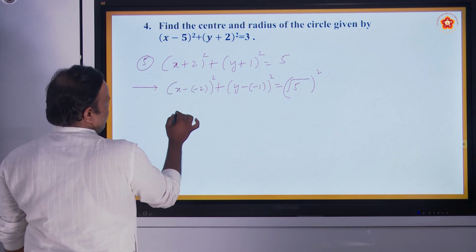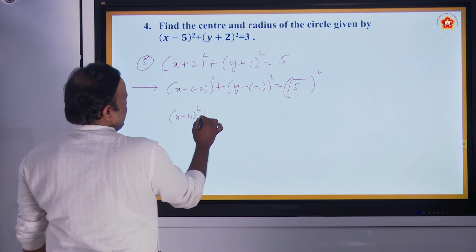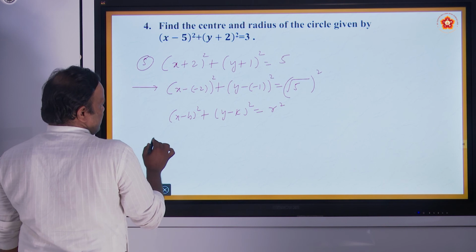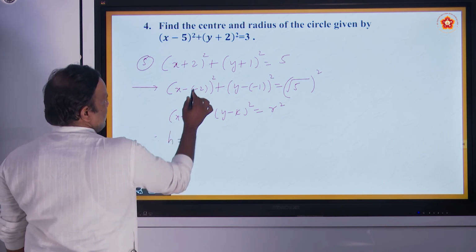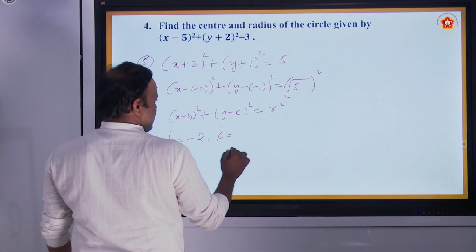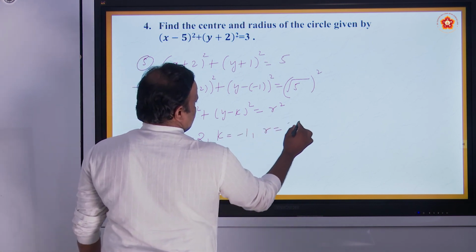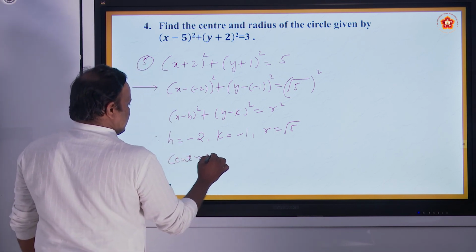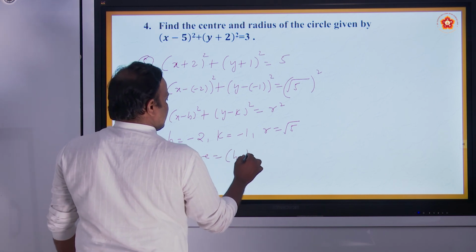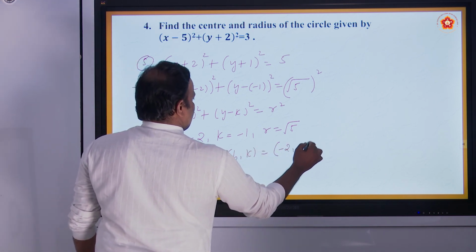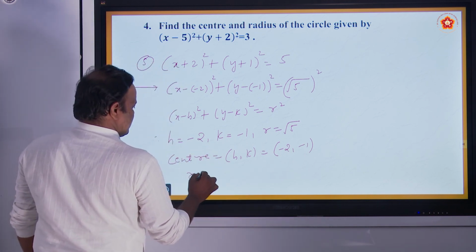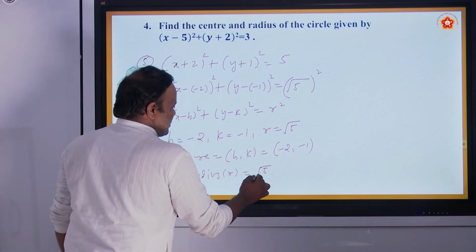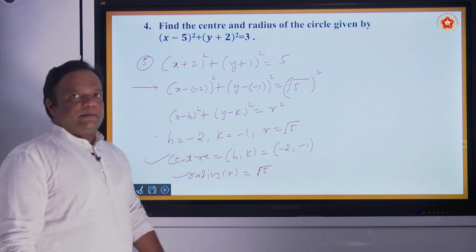Comparing this equation with x minus h whole square plus y minus k whole square is equal to r square, h is equal to minus 2, k is equal to minus 1, and r is equal to root 5. By the center formula, the center is h comma k, which is minus 2 comma minus 1. The radius r is root 5. This is the center and this is the radius of the circle.